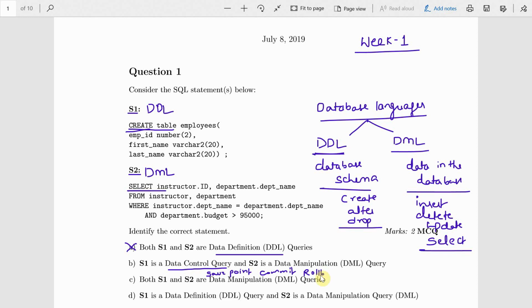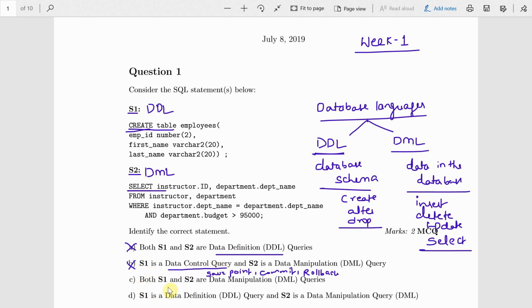This is more classifying the database languages, not just DDL and DML. DDL and DML are the two broad ways of classification, and there are other classifications of database languages we call data control language, transaction control language, and data query language. So many classifications are there, but S1 being data control language is incorrect, so option B is incorrect.